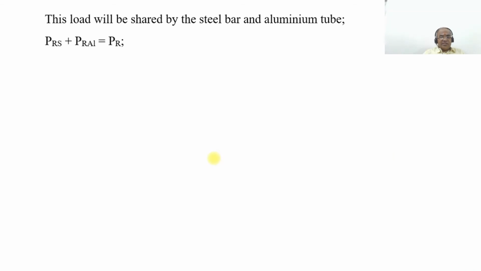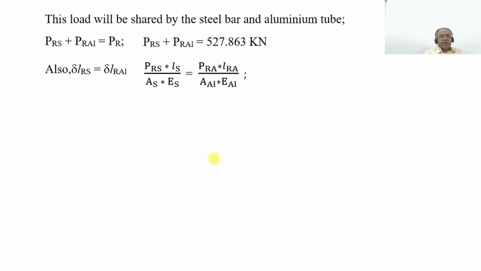Naturally, PRS plus PRAL, the remaining loads of steel and aluminium, equal 527.863 kN. Also, delta LRS equals delta LRAL, which is PRS into LS by AS into ES equal to PRAL into LAL divided by AAL into EAL.